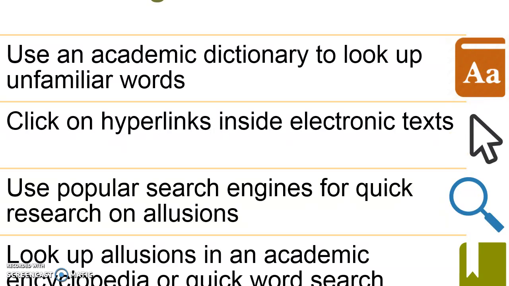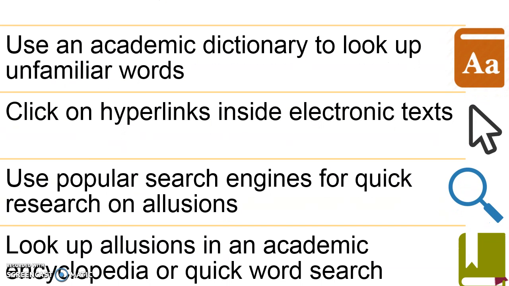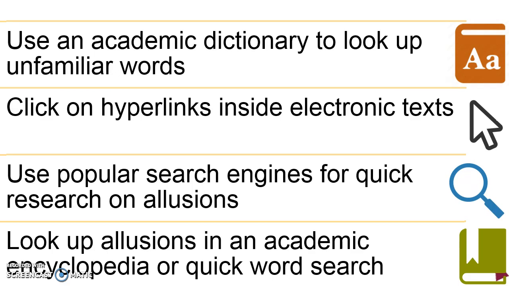And as I keep saying, and I can't repeat it enough, you definitely want to look up things that are unfamiliar to you. And so here are some ways to look up that information. There are dictionaries for unfamiliar words. And of course, online, we have dictionary.com and other online dictionaries.